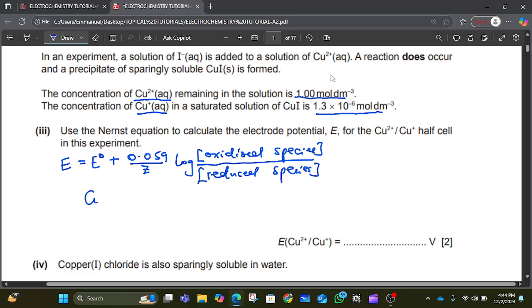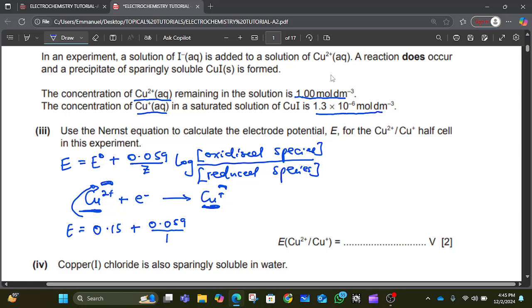So in this equation, Cu2+ plus e- giving Cu+, this is the oxidized species and this is the reduced species, because the oxidation state of this is +2, so oxidized, and the oxidation state of this is +1, so it is the reduced form. The E is given by 0.15, that is the E naught for this half cell, plus 0.059 divided by 1.